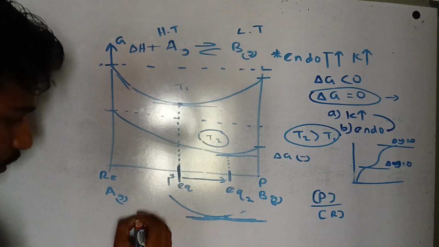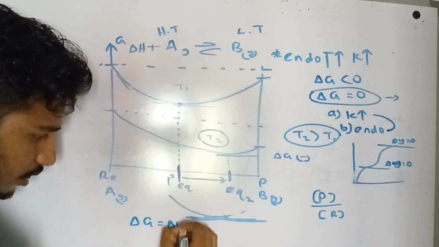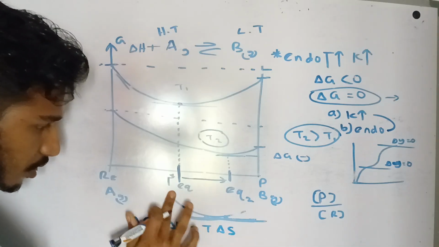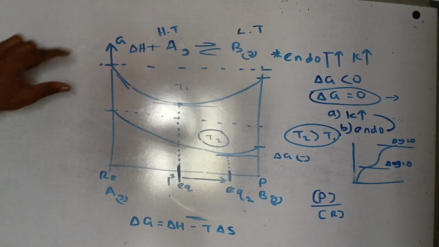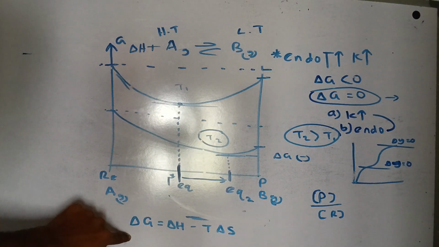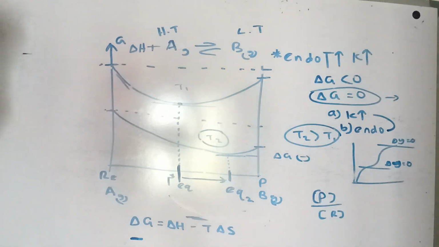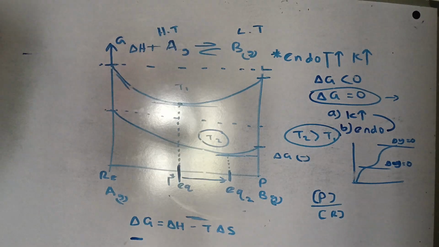You can see the equation is delta G equals delta H minus T delta S. So the thing you should understand is, in both the reactions, the delta G is negative. You are having a negative value. And it's an endothermic reaction, so enthalpy is positive.